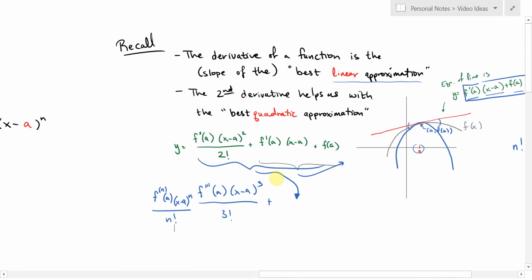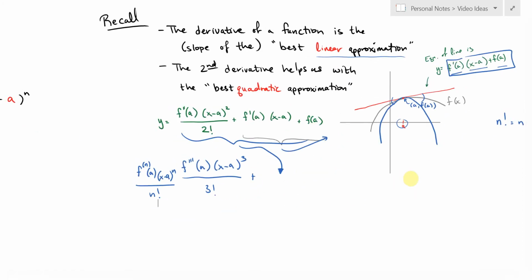So in the best situation, you can keep doing this infinitely many times, and the best kind of infinite polynomial approximation, what we call a power series, an infinite polynomial is a power series, will actually converge to the function.